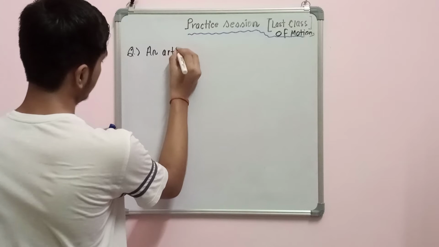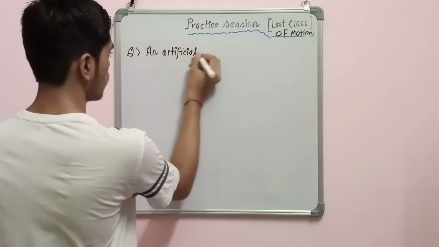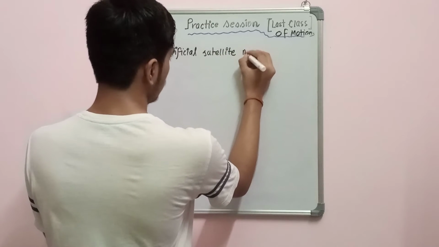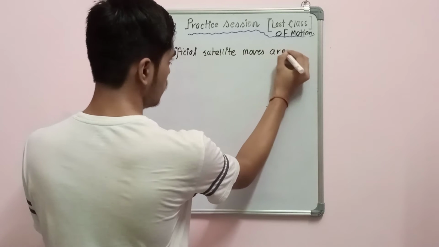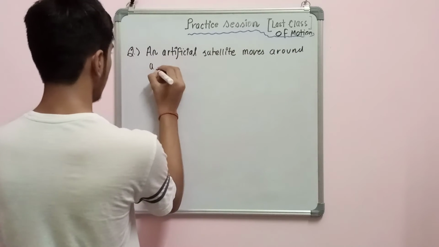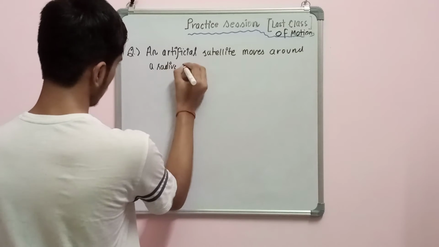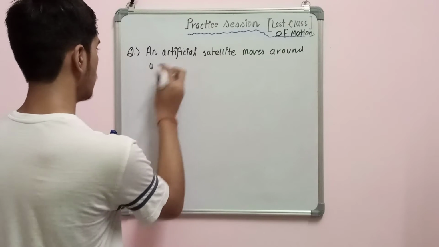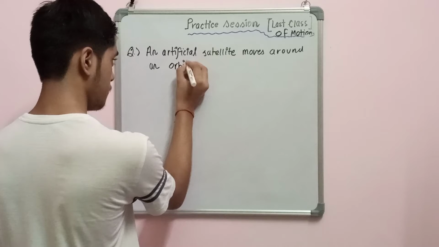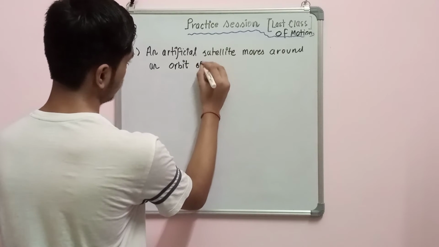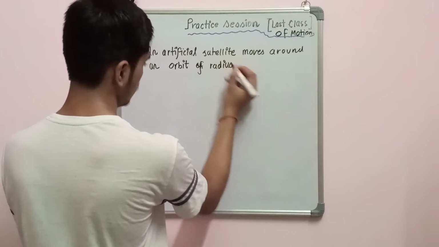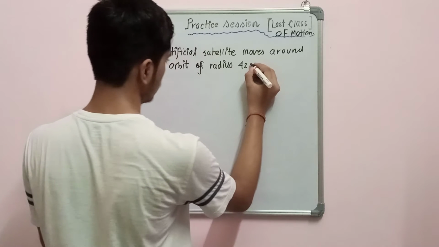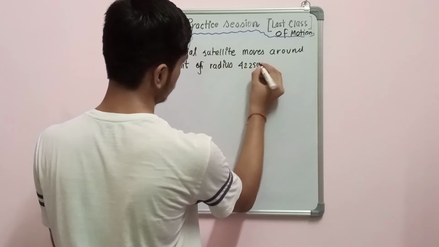An artificial satellite moves around a circular path, around an orbit of radius 42250 kilometer.